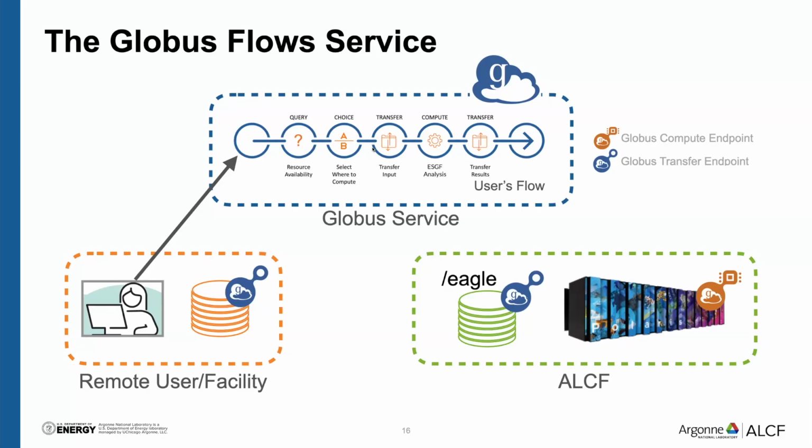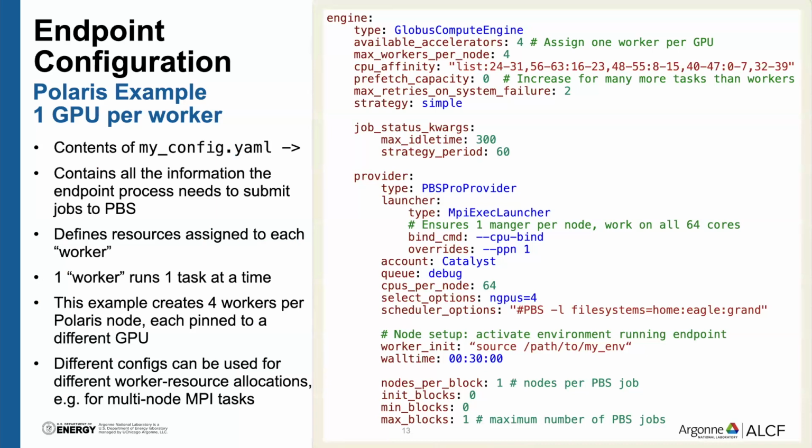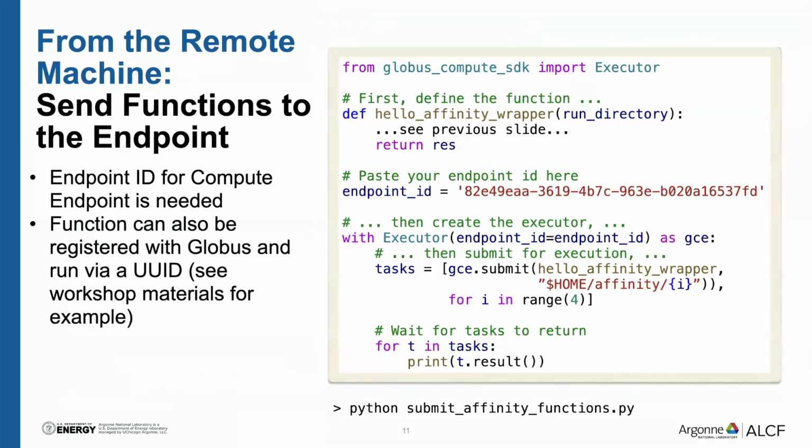I think Flows is great if you're orchestrating data movement from outside the facility. But in this example here, where I'm launching a bunch of tasks, if you had task A and task B, and then you want to run, say, task B, or in some cases task C, you could also set up a chain of different task dependencies within your script that launches compute functions.